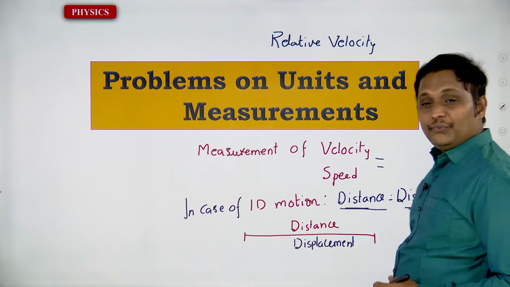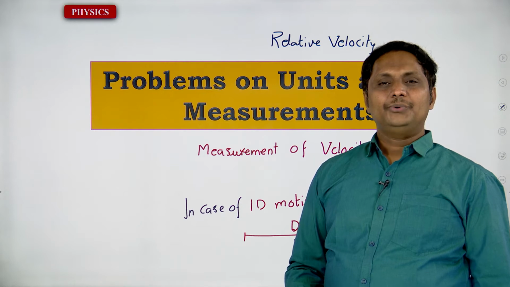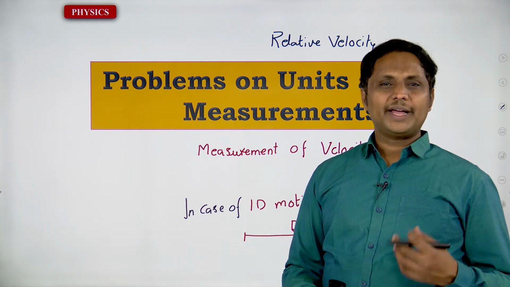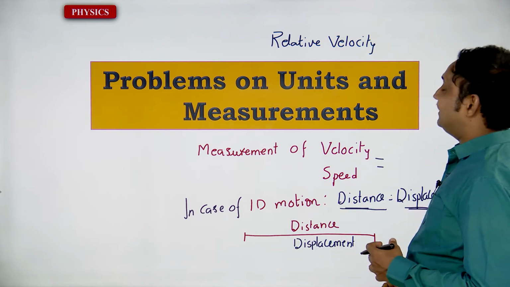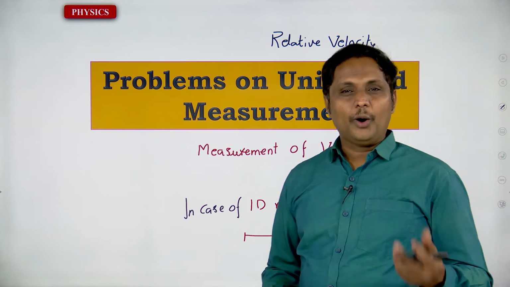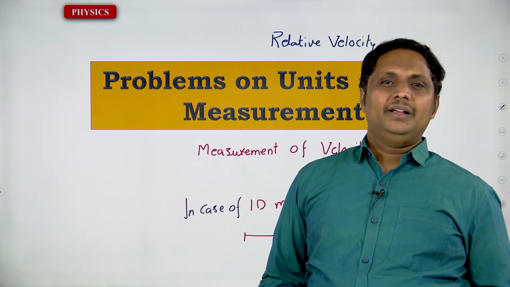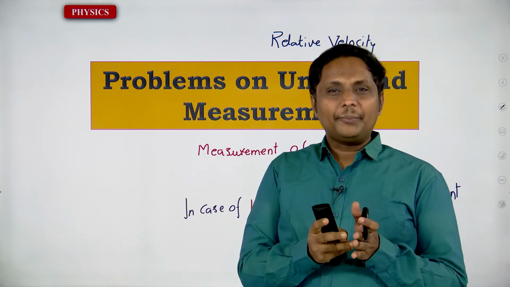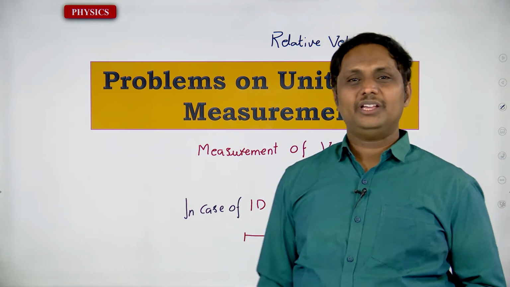So, whenever you see two velocities that are comparable, you have to take the direction. If the two objects are going to move in the same direction, or in the opposite direction, we have to see.